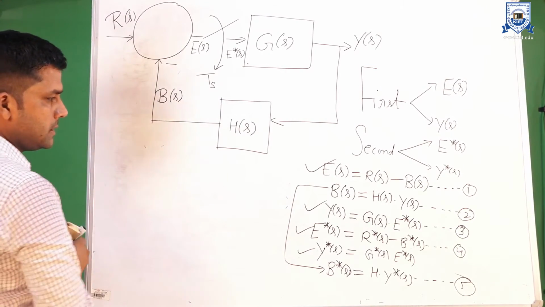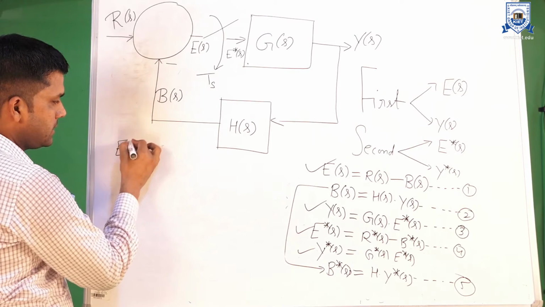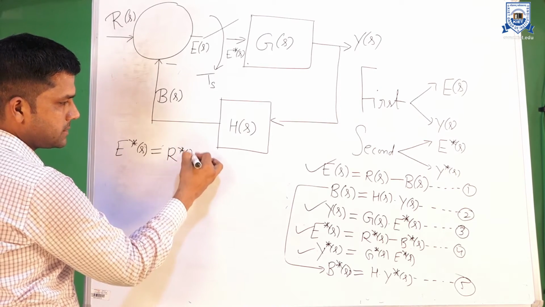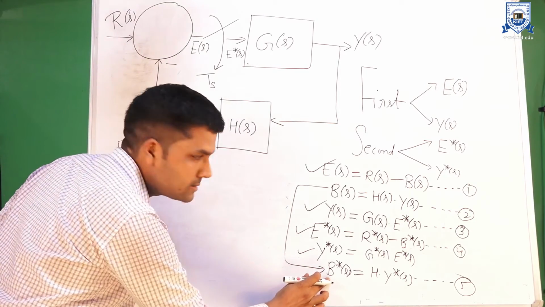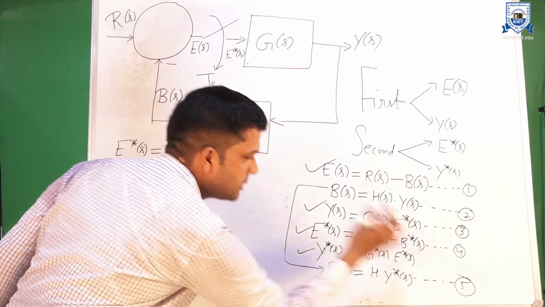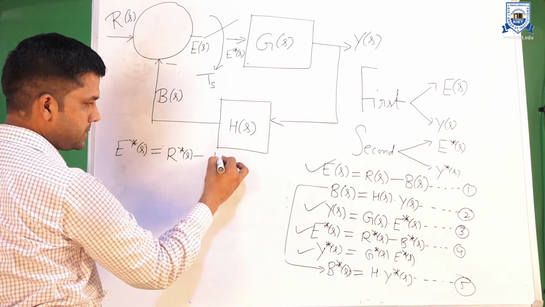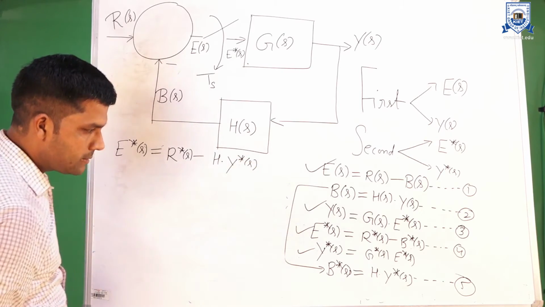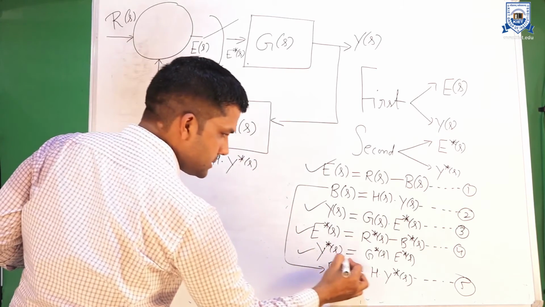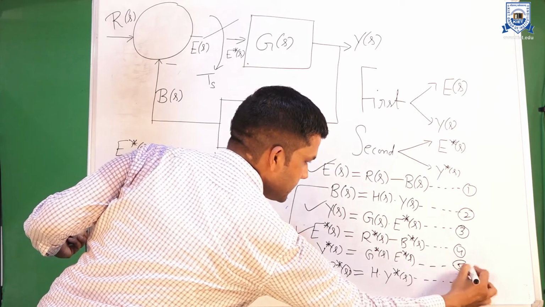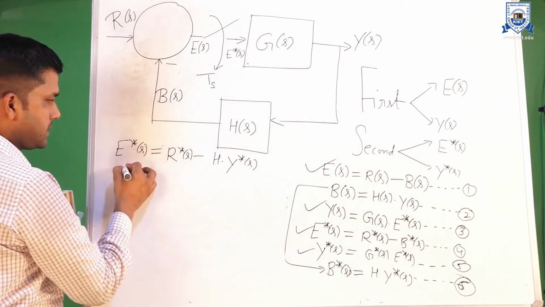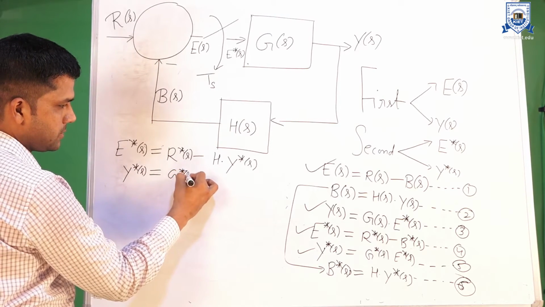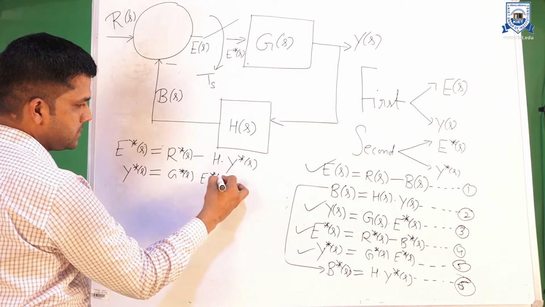Now E star(s) is equal to R star(s) minus H into Y star(s), from equations 4, 5 and 6. And Y star(s) is equal to G star(s) into E star(s).